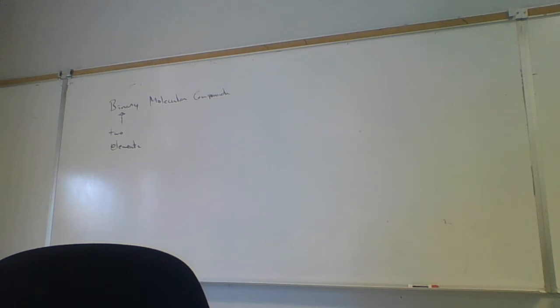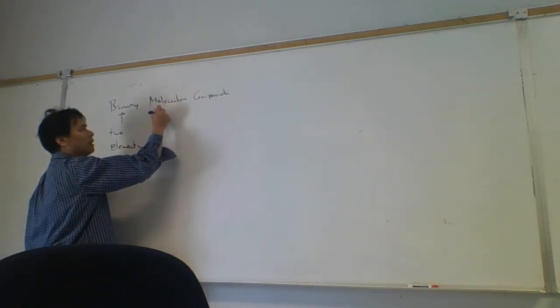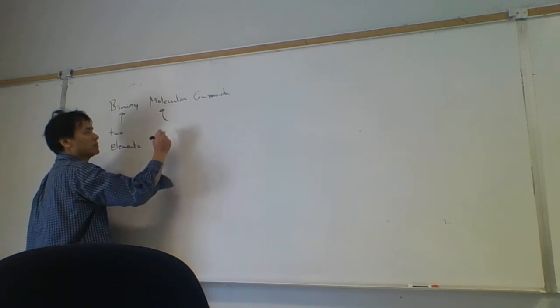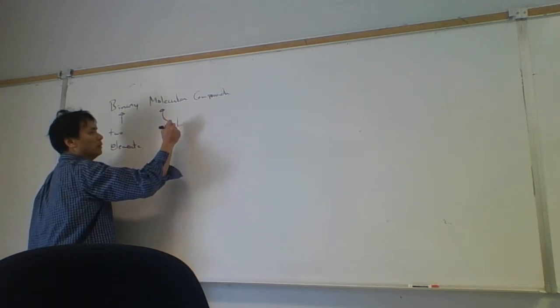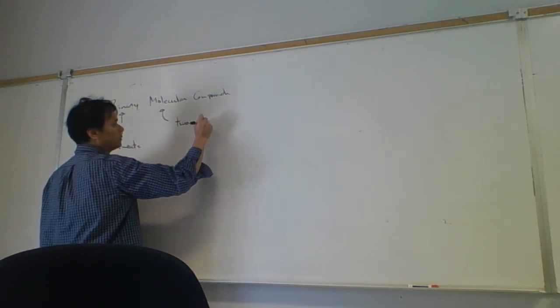We memorize that sodium chloride is an ionic lattice, that kind of thing. So we can memorize them individually, but is there any pattern that we see? And the pattern that we see is this, that most molecular compounds, binary molecular compounds, consist of nonmetals. And so 2 nonmetals.